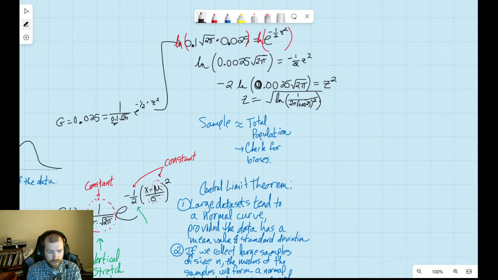We do 1 over that, we get 25,464.79. We take the natural log of this, it ends up being 10.145. It seems like it's not going to come out quite right. Take the square root, and we get 3.185. That's not 1.96.